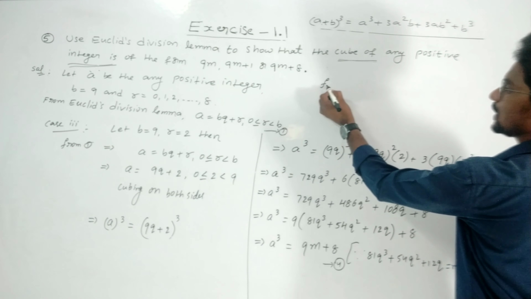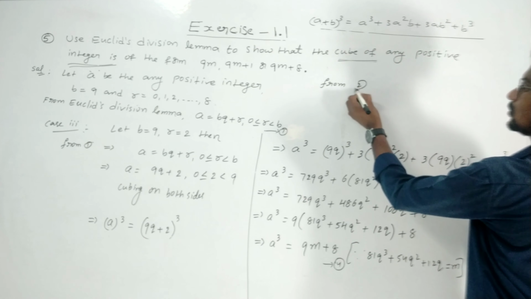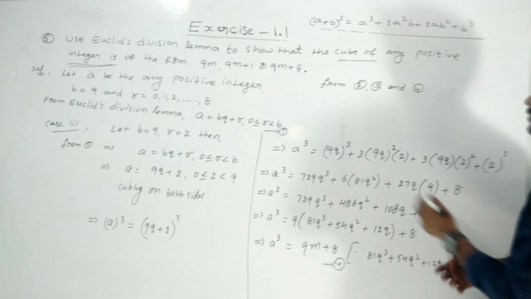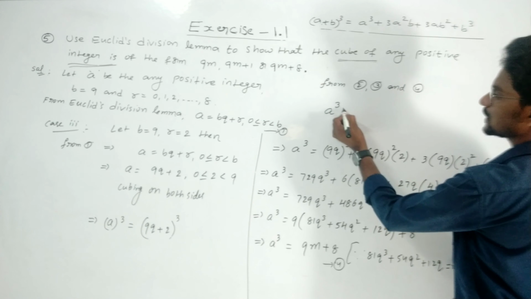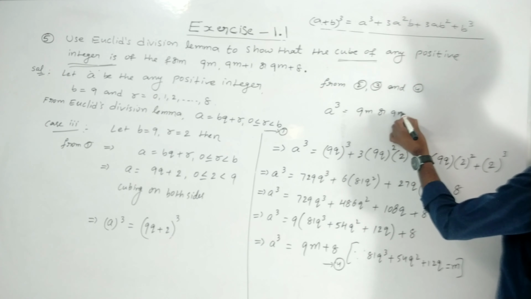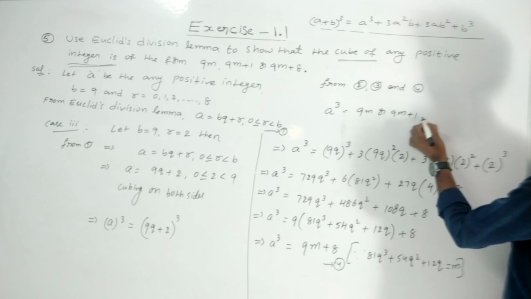Finally, from equation numbers 2, 3 and 4, the cube of every positive integer is in the form of 9m or 9m plus 1 or 9m plus 8. This is the solution of exercise 1.1, question number 5. Now exercise 1.1 is completed.